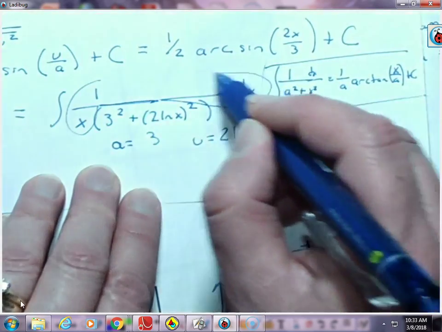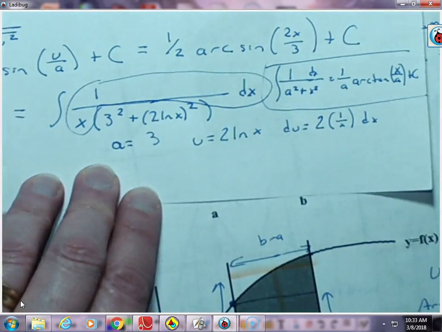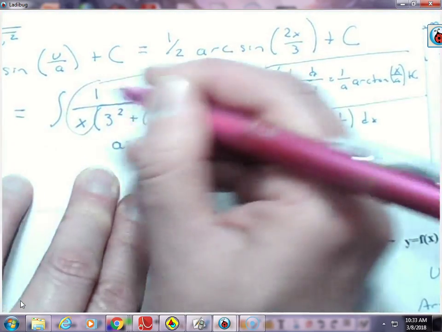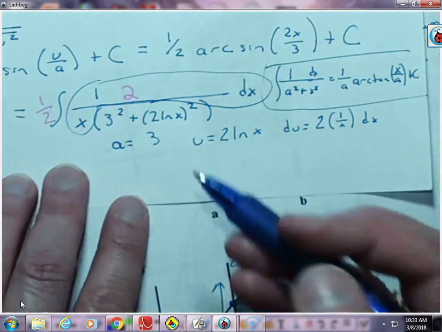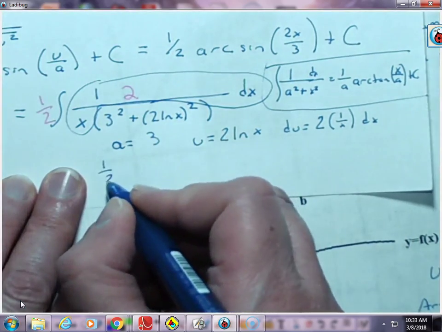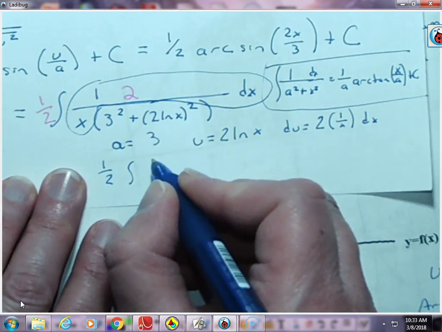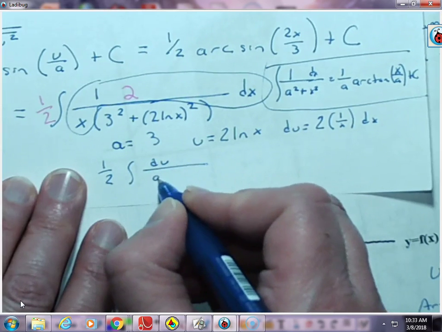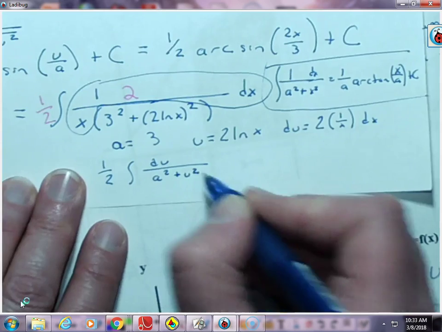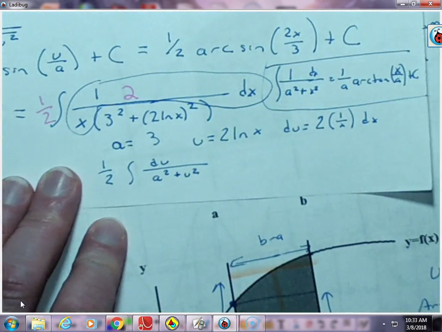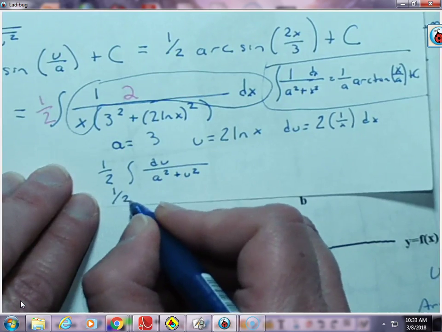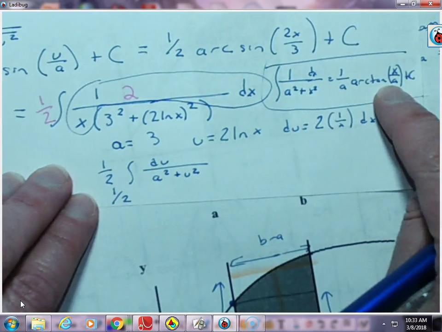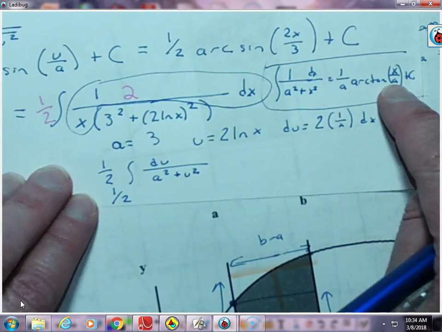Okay, so that's almost it right there. I just need a 2 and a 1/2. So if you rewrite this, it's 1/2 the integral of du over a squared plus u squared. Since it's exactly the rule, can I just write this and put in the a and the u?